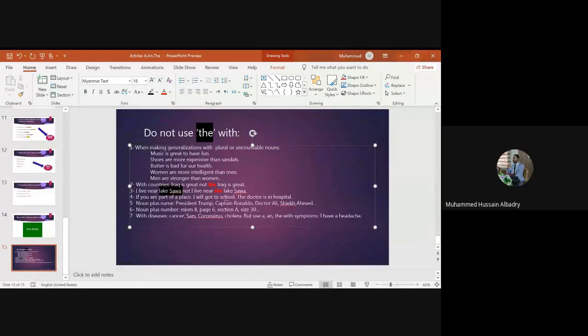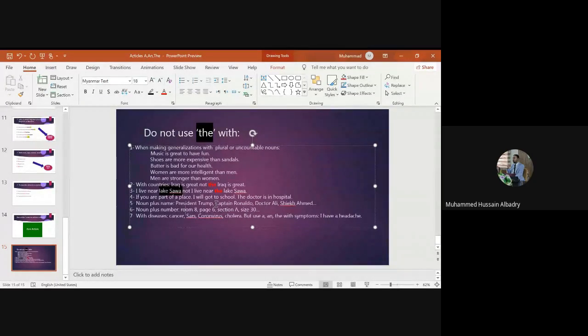If you are part of a place, you are working in this place, you are working in a school, college, hospital, don't use the. Or even if you are a student.